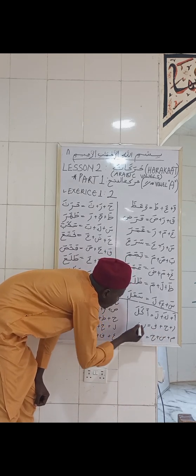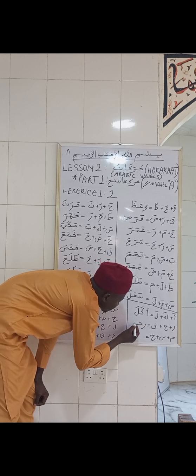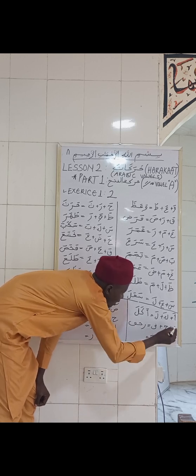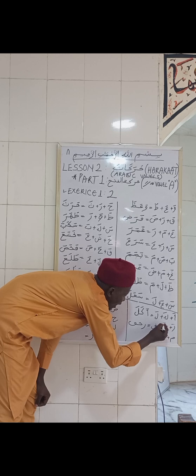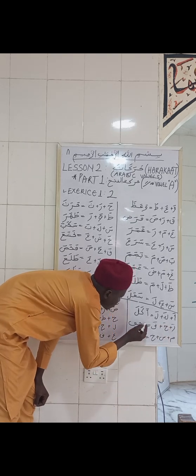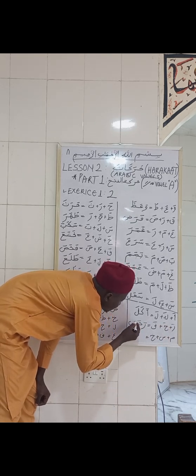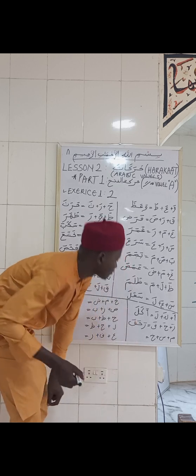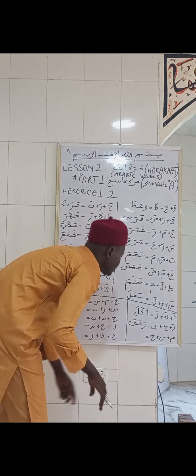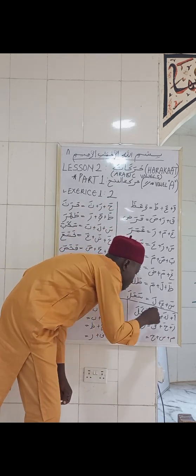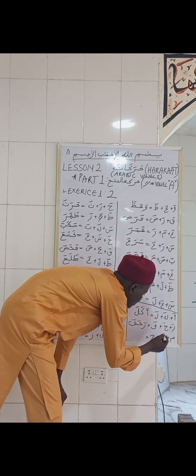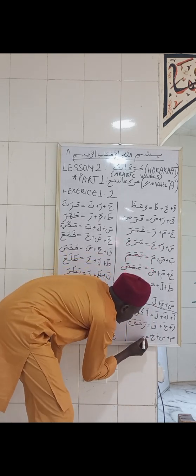Ha can be joined with fa. So it's now what? Ra, ha, fa. Okay? This one is what? Mim. Mim can be joined with sin.